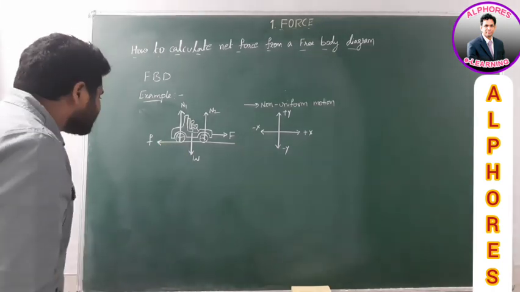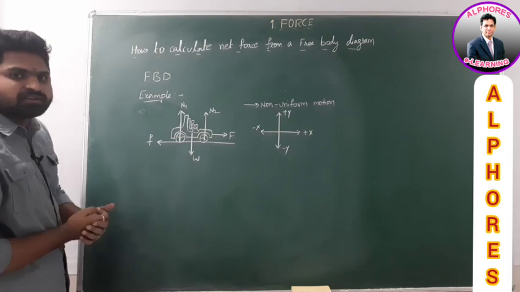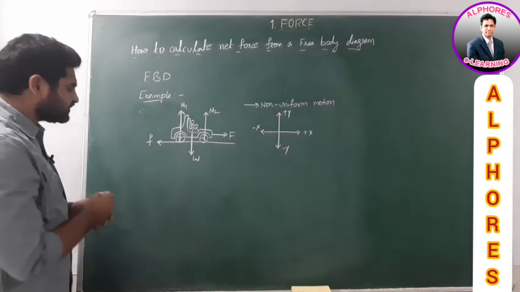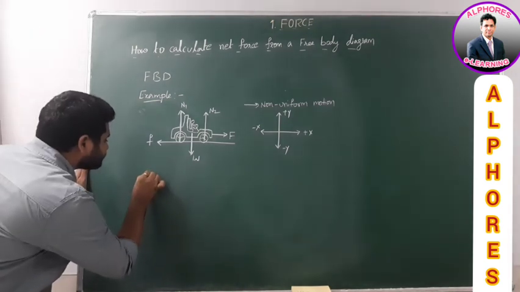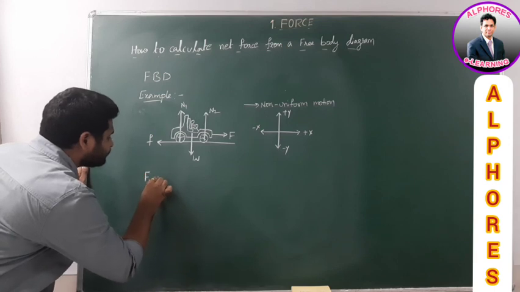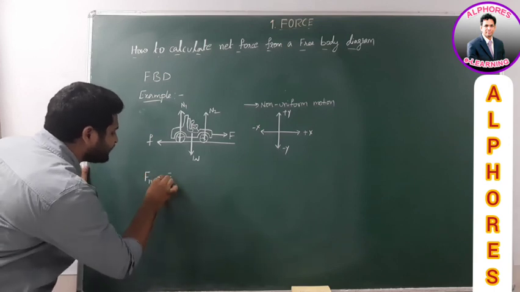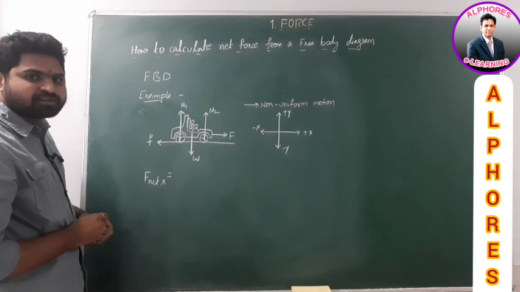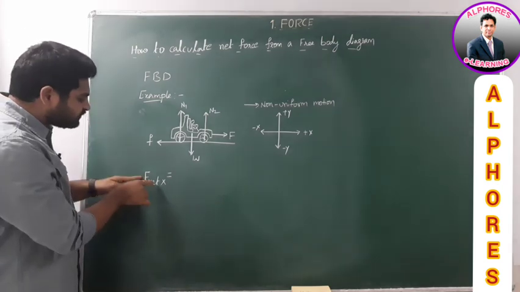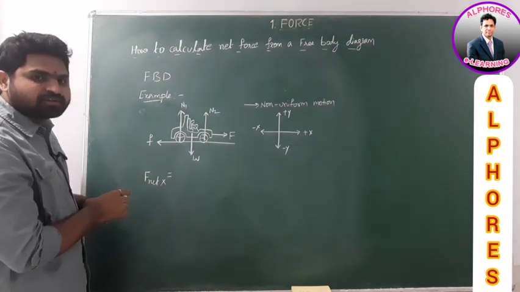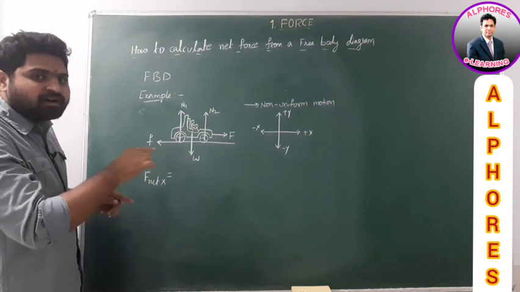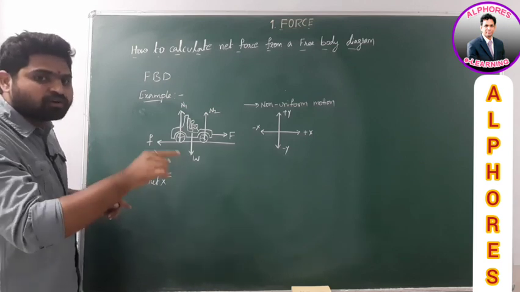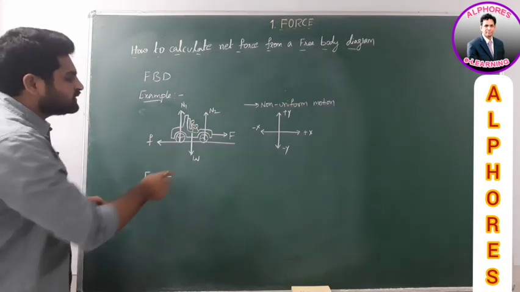Now I will calculate the net force along horizontal direction. I will take x here, which indicates the horizontal direction. The condition is we have to add all the forces and follow the sign conventions.